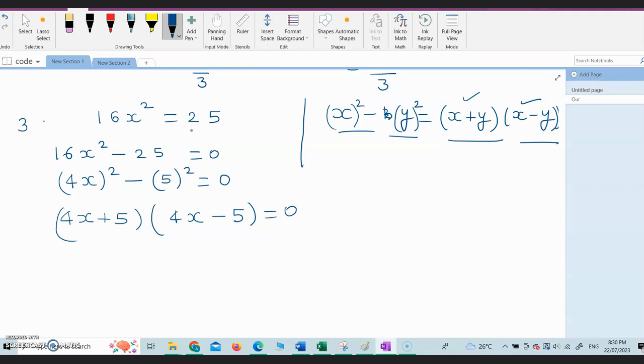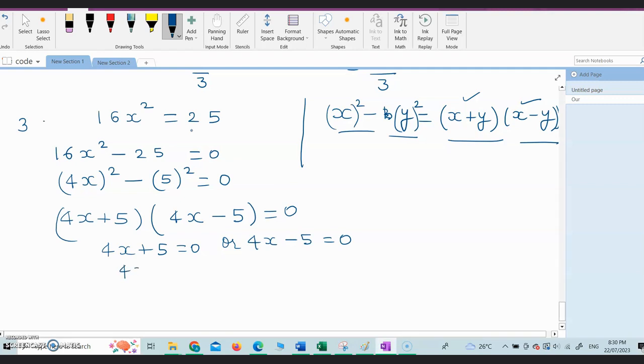Okay. Now if you want to find the solution set for this, again we will use the zero product rule, that is 4x plus 5 equals 0 or 4x minus 5 equals 0. So from this I can say 4x is equal to minus 5, x is equal to minus 5 upon 4.